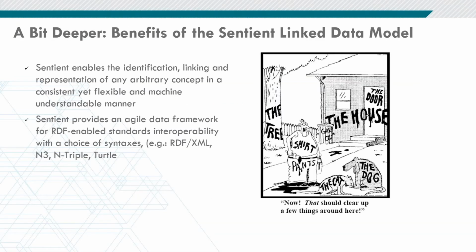Just to go a little bit deeper, we have a linked data model. This allows you to handle any kind of concept you can think of. So we can work with virtually any type of data source. We can work with big text blocks. We can work with images, you name it. And we can connect these in virtually any way a person can think of. This is quite different from a semantic database in that we're connecting the data in a way that's human meaningful.